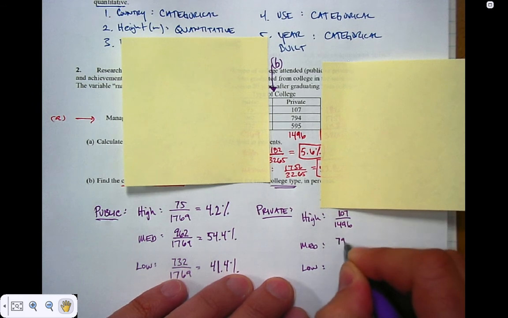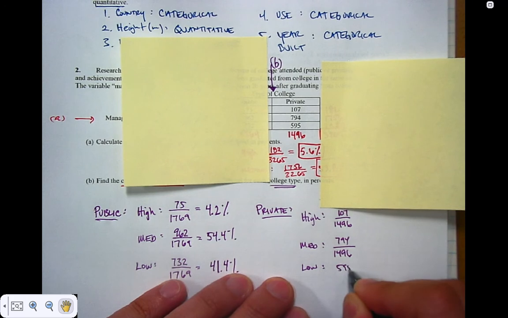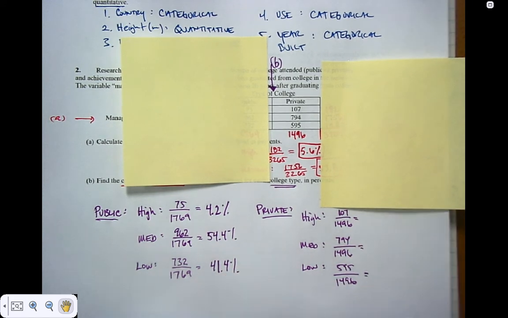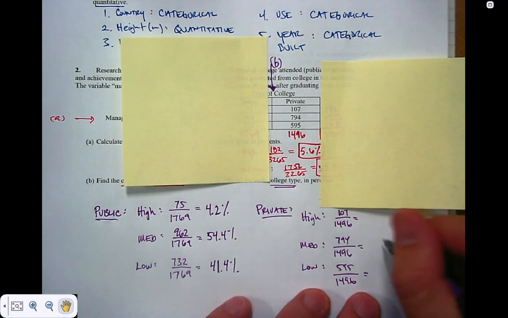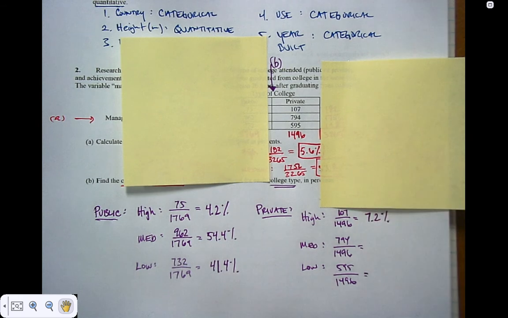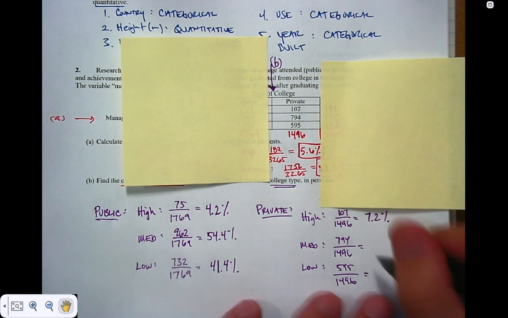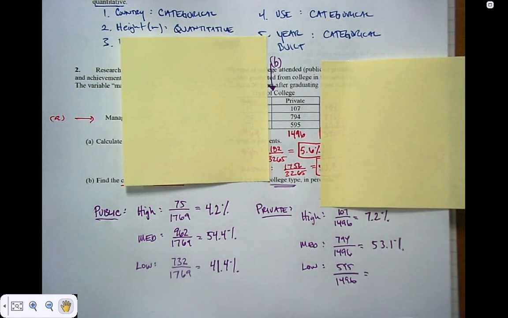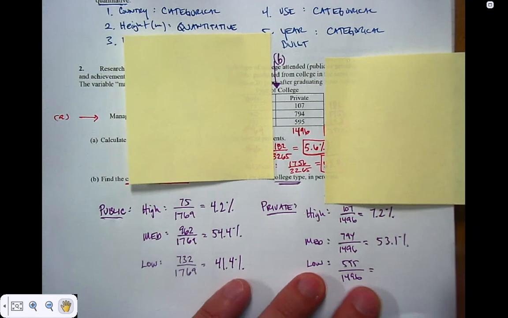We have 794 out of 1496. And 595 out of 1496. Okay, again, I'm doing the calculations off on the side. 107 divided by that gives 7.2%. 794 divided by 1496 for medium would be 53.1%. And the last one would be 39.8%.